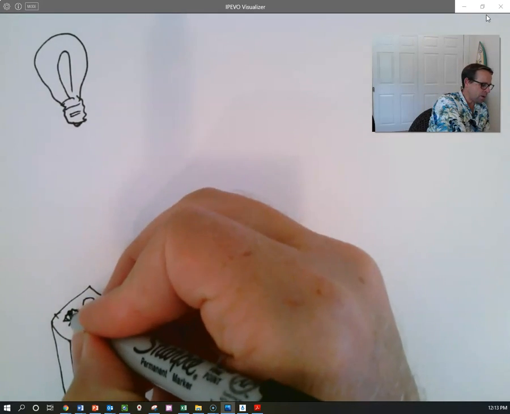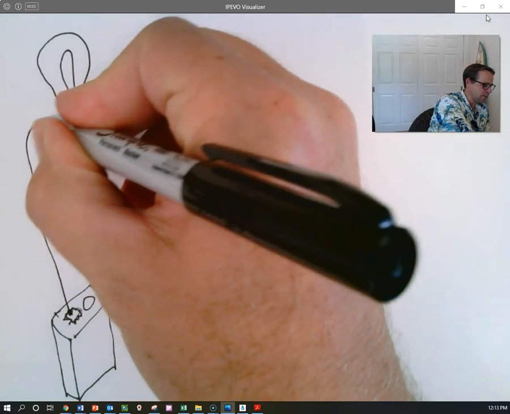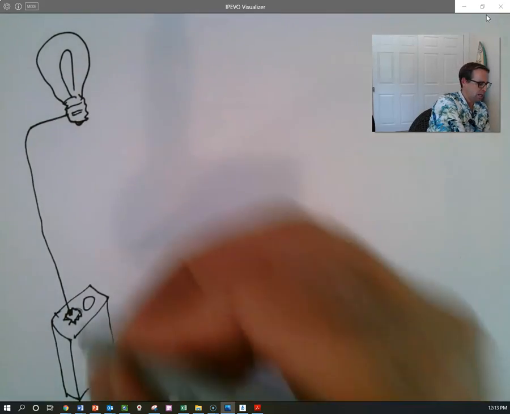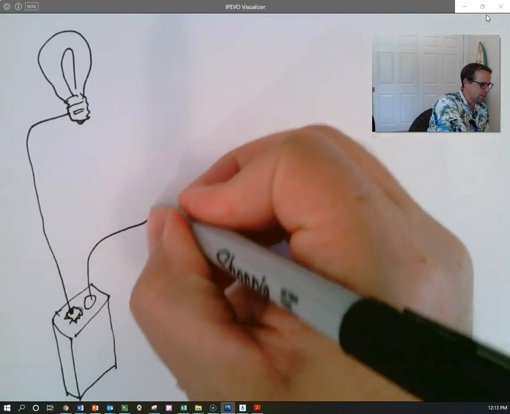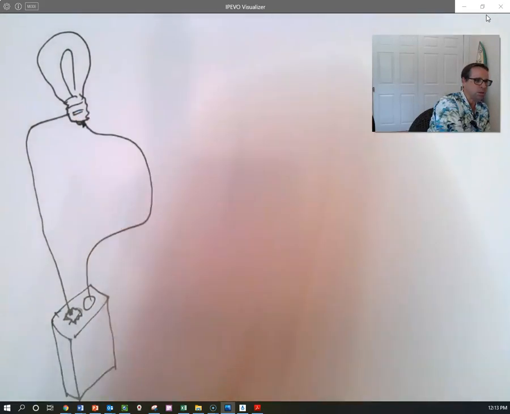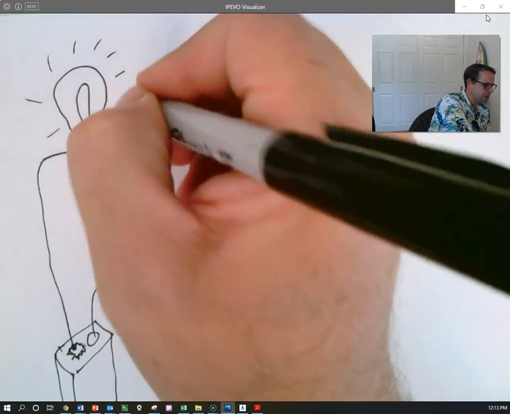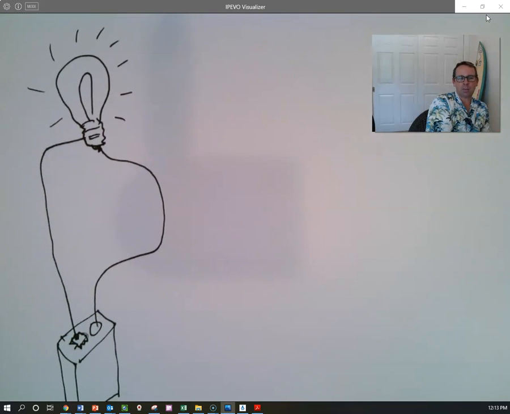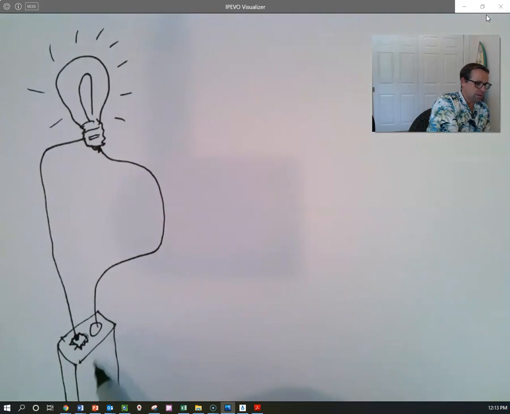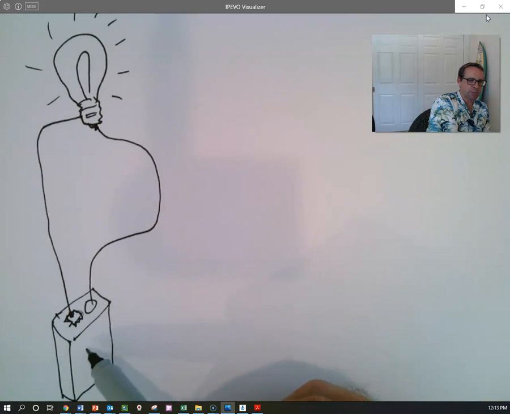If I take a wire and connect it to this side of the light bulb, and then take another wire and connect it to the bottom here, then if the battery has enough energy, it will light up the light bulb, right? The electricity is coming from the reaction that's occurring in the battery.